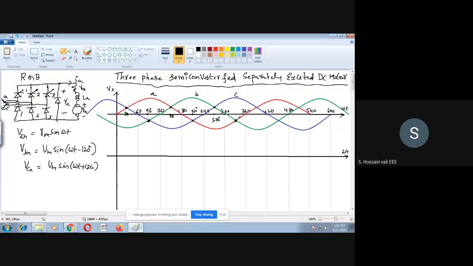Now this intersection 330, and this intersection is 390. This intersection is 450. Okay, this intersection is 510.